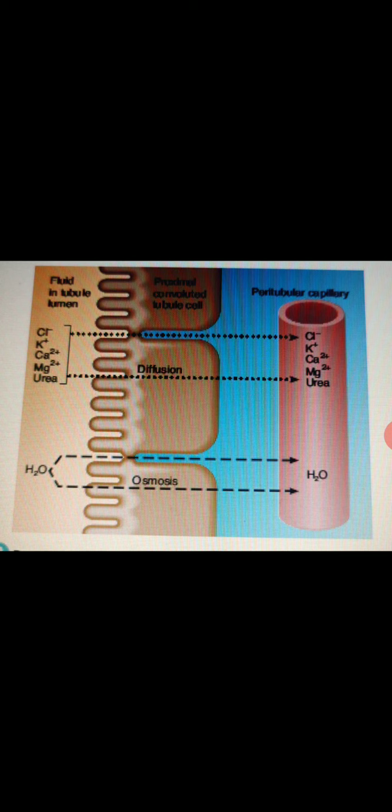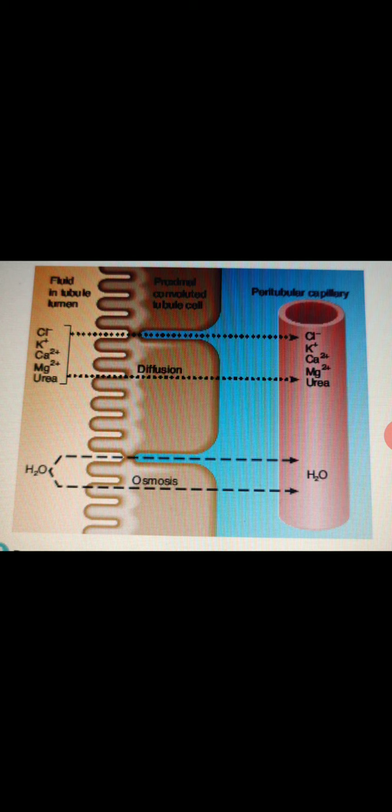In the second half of the PCT, electrochemical gradients for chloride ions, potassium, calcium, magnesium, and urea promote their passive diffusion into peritubular capillaries via both paracellular and transcellular routes. Among these ions, chloride is present in the highest concentration.